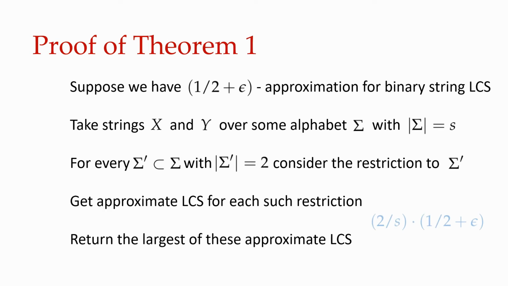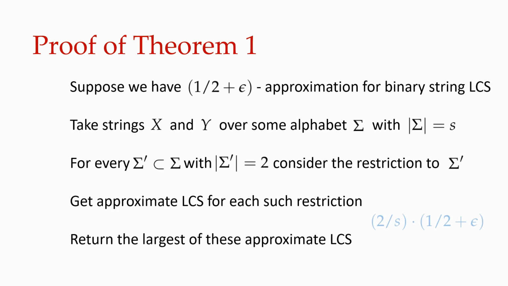For each of the resulting restrictions, we just use our better than half approximation algorithm to get an approximate LCS value. We then return the largest of these common subsequences as our overall approximation. And this is the entire reduction from LCS approximation on alphabet of size s to LCS approximation on alphabet of size 2.